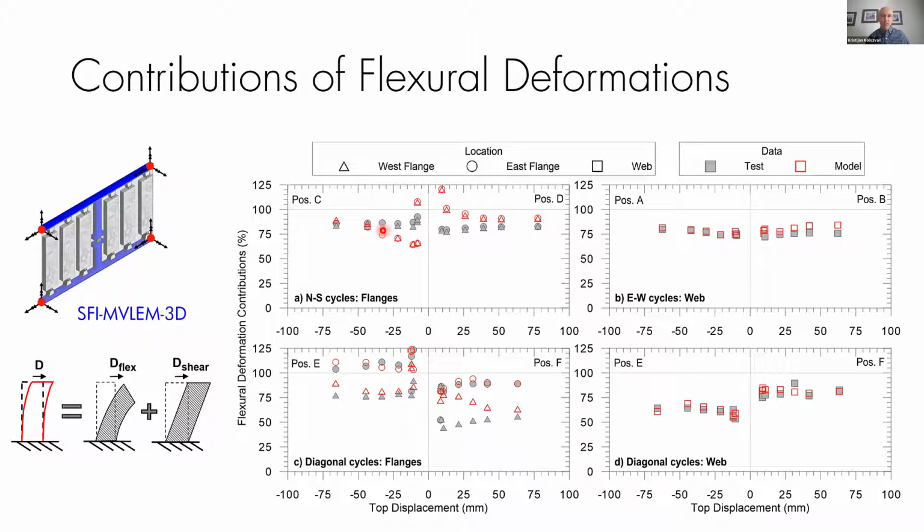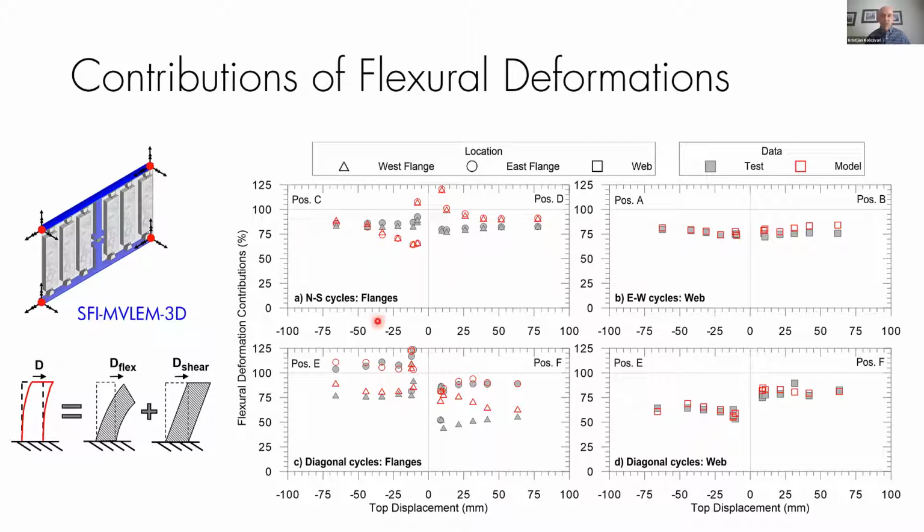In C, D, and E, F, now these are flanges versus web, so essentially in the web, we're doing a pretty good job, in flanges, not as good, right? But still capturing the overall trend reasonably in terms of the contribution of flexural deformations to the total, so it's about, say, 80%.